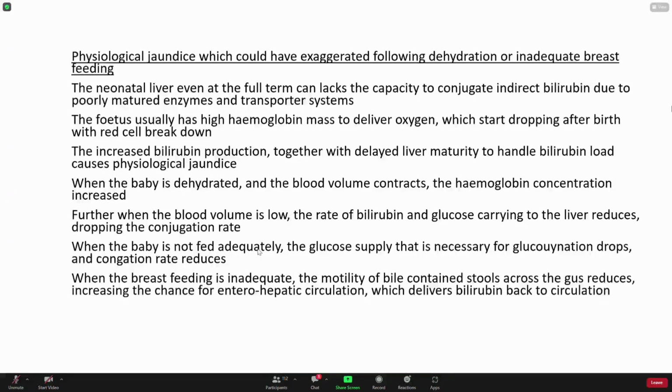And when the baby is not fed adequately, what will happen? The glucose supply that is necessary for the glucuronidation step and conjugation is less. The final thing you can write is when breastfeeding is inadequate, the motility of the bile-containing stool across the gut is reduced, increasing the chances of enterohepatic circulation, which delivers the bilirubin back into the circulation.